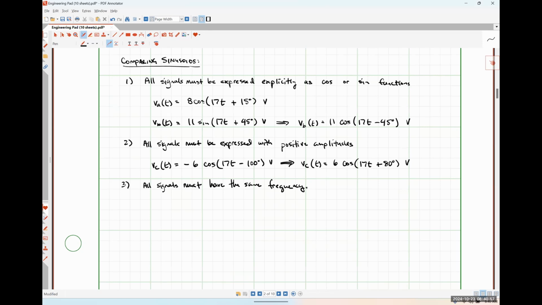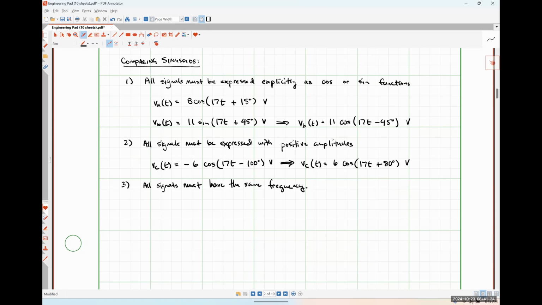Doesn't matter if they have the same angular frequency or the same linear frequency, since those guys are just related to each other by a constant, but they must all have the exact same frequency. There is no trig identity that can fix this for us. So we either have signals that have the same frequency and thus can be compared to each other, or we do not. Okay. So those are 3 basic rules for comparing sinusoids.